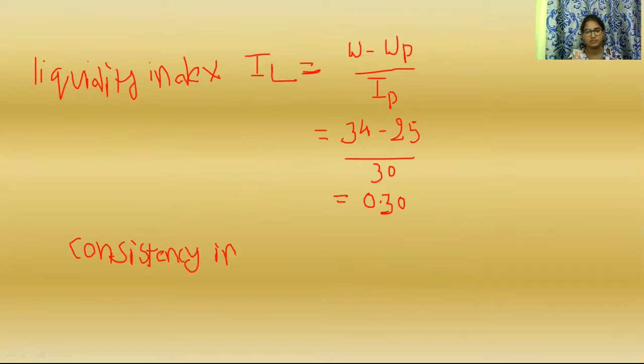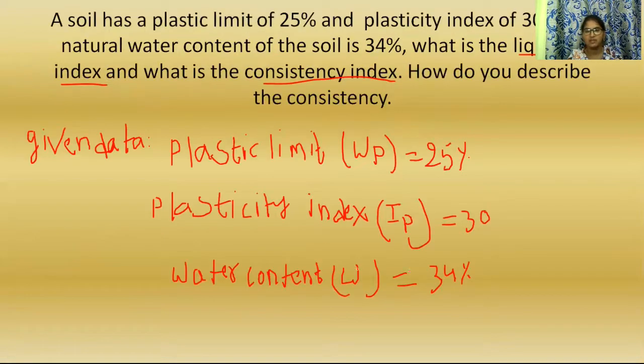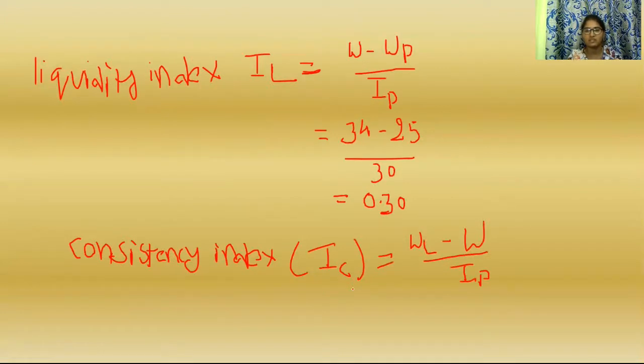The symbol is CI or I suffix C. Consistency index is equal to the difference between the liquid limit and natural water content, divided by the plasticity index. But in this problem, the liquid limit value is not given. How do we determine the liquid limit value?